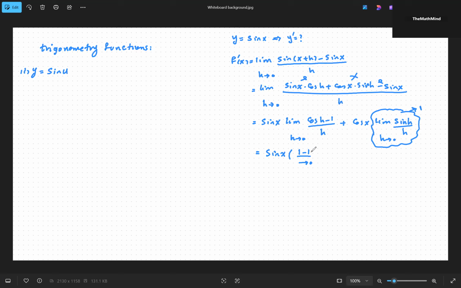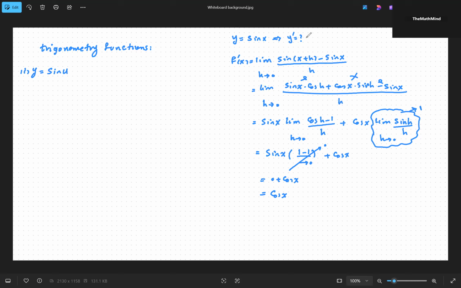So it means 0 over a very, very small number, for example, 0 over 0.001, which is eventually a 0 value, and then plus cosine x. Sine x times 0 will be 0. So 0 plus cosine x is going to be cosine x.